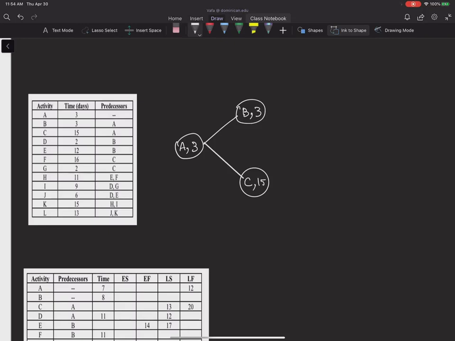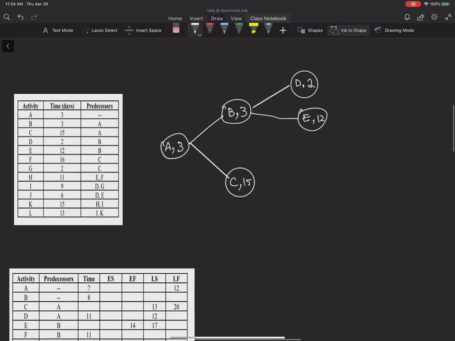Activity D can start after activity B, so this is how I'm gonna show it. And the duration for D is 2 days. Activity E also can start right after B, so this is activity E, and it takes 12 weeks to finish.